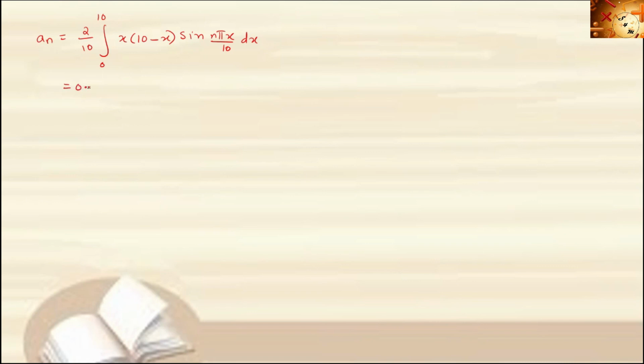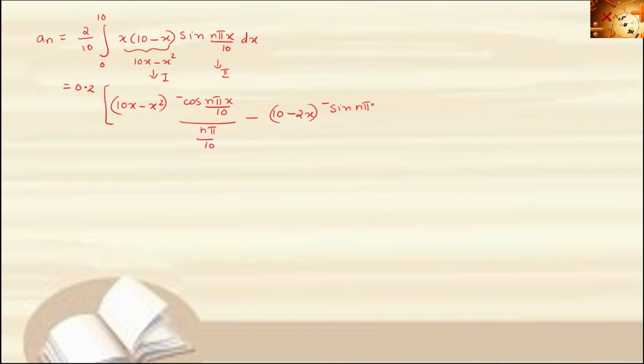This is equal to 0.2 times the integral. Taking 10x minus x square as the first function and sin as the second function, by Bernoulli's rule of integration, we have first function into integral of the second, that is minus cos n pi x divided by 10 whole divided by n pi by 10, minus derivative of the first one, that is 10 minus 2x, into integral of the second one, so minus sin n pi x divided by 10 whole divided by n pi by 10 whole square, plus again derivative of this one, that is minus 2, into integral of this one.